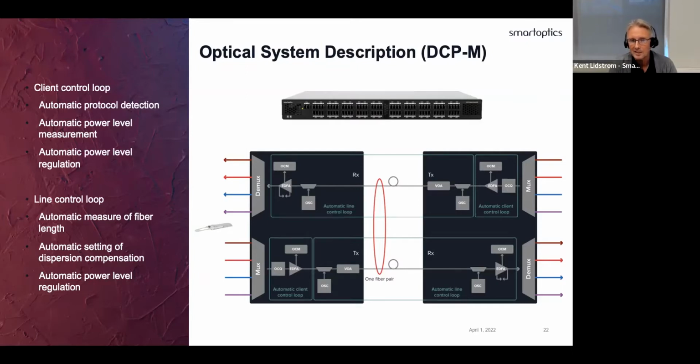When we have established a connection on this 1510 nanometer wavelength that sits outside of the amplifier, we initiate a delay measurement, using layer 2 functionality. With that delay measurement, we will be able to determine the exact fiber distance. We can do this with plus or minus 200 meter granularity, or accuracy.